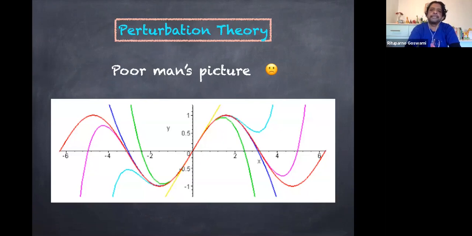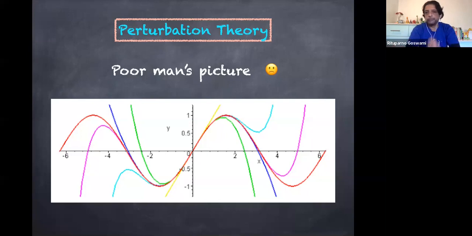Actually, any perturbation theory is some sort of expansion around a zeroth order point. That means we know how a system works exactly at a point in parameter space, and we want to extrapolate around that point to see how the system works if we shift a little bit from that point in the parameter space. That is exactly what any perturbation theory is.